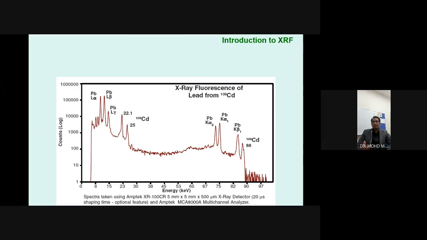This is an example of a spectrum taken using the MTEC XR100CR spectrometer. What we can see from the spectrum is that the y-axis is the counts in log, meanwhile the x-axis is the energy.